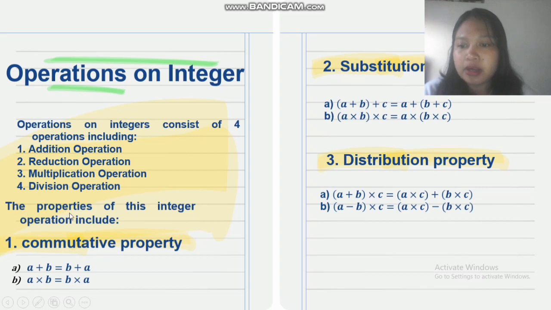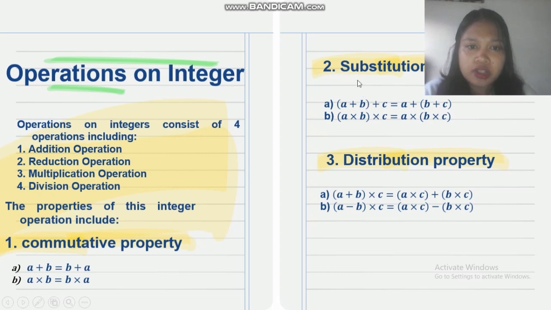And the properties of integer operations include 1. Commutative property. A plus B equals B plus A. A times B equals B times A.